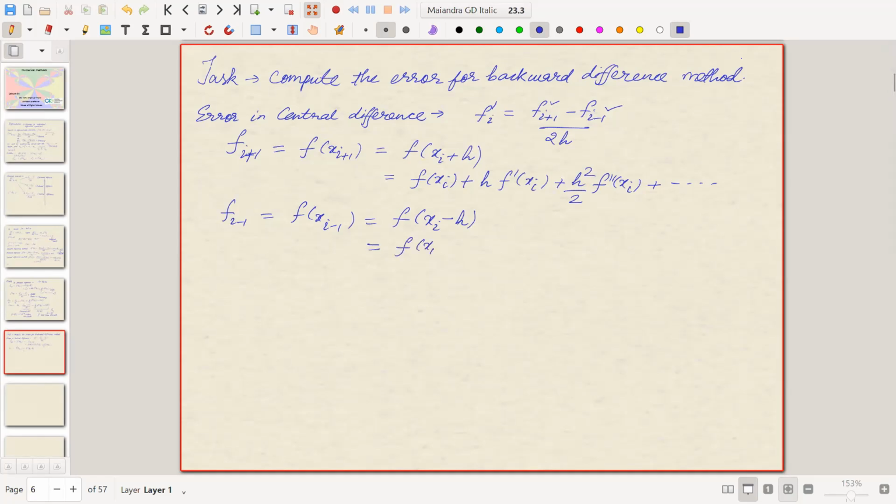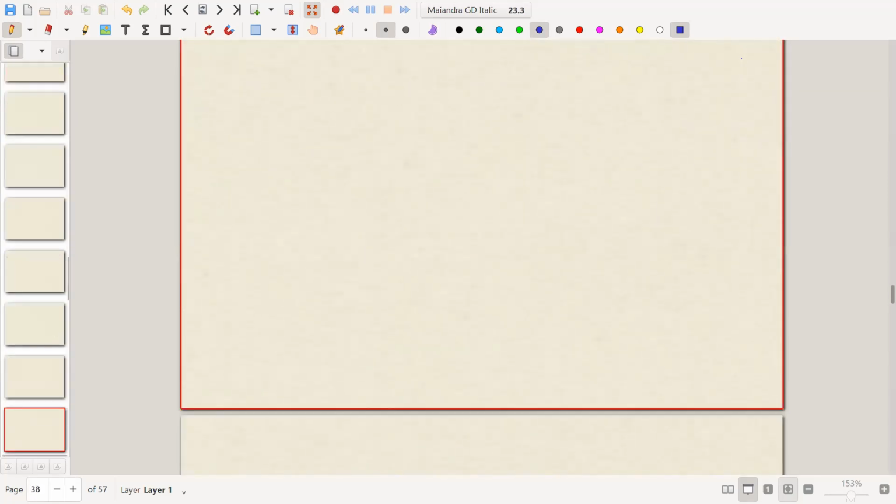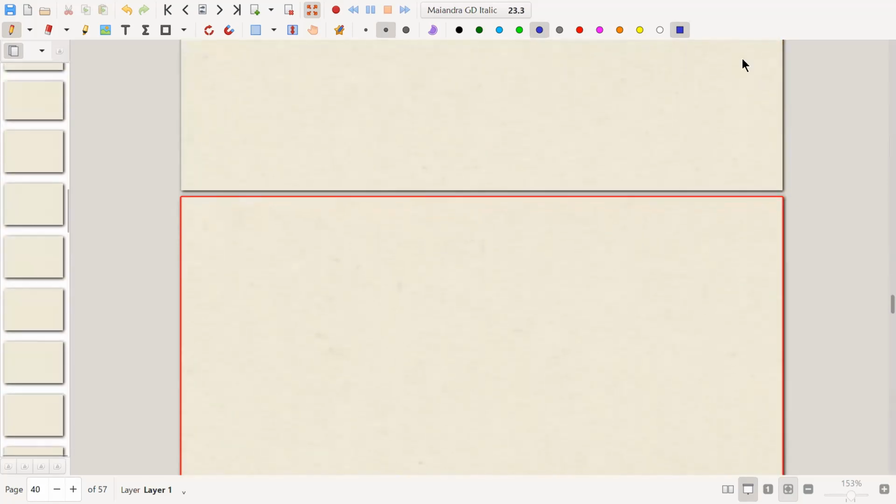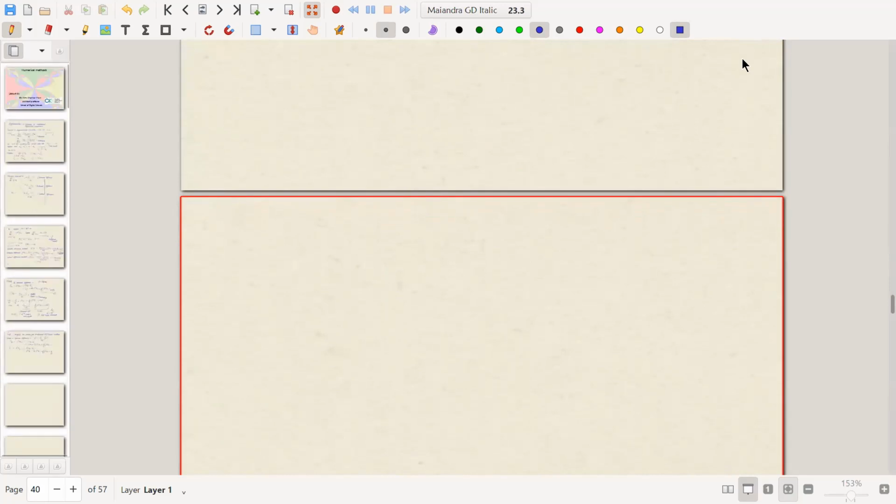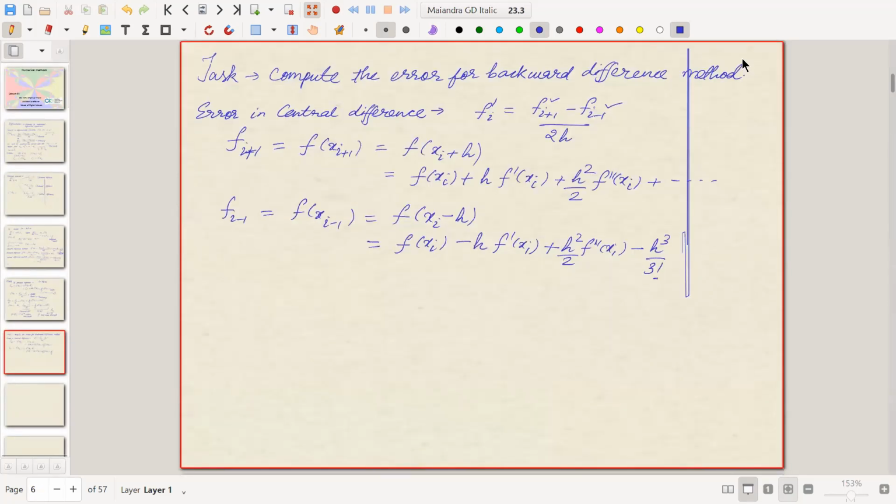So it will be f of xi minus h f dash of xi. It doesn't matter for h square, so it will be plus h square by 2 f double prime of xi, but it will matter for h cube: minus h cube by 3 factorial f triple prime of xi, plus so on.